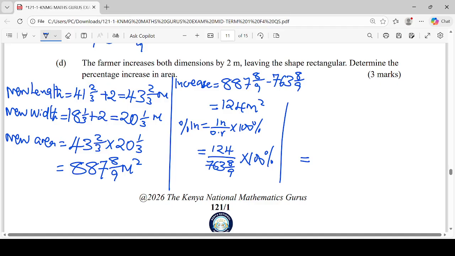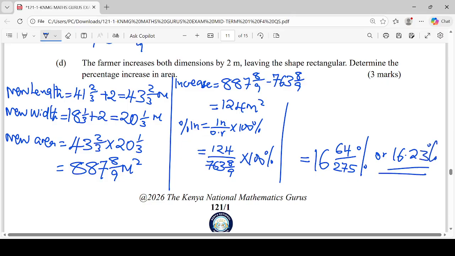So this is like saying 16 whole number 64 over 275, or you can give it as a decimal, maybe 16.23%. So that is how you calculate the increase of such a question.